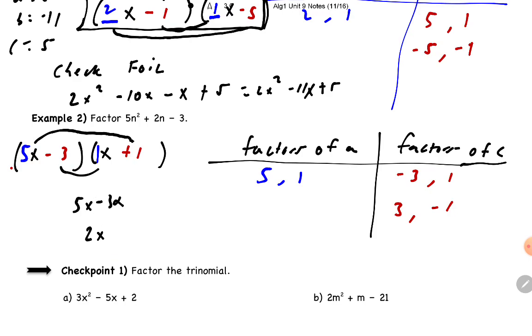Now if we want to do a full check, first numbers, 5x and x, give us our 5x squared. So everything's looking good so far, and our red numbers determine our last numbers, our c value, minus 3. So we are good.